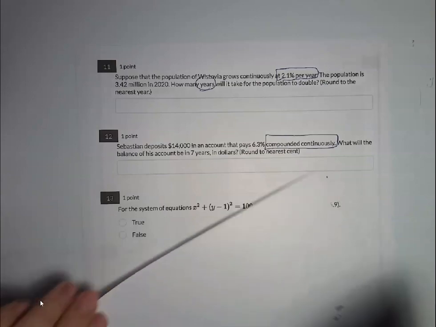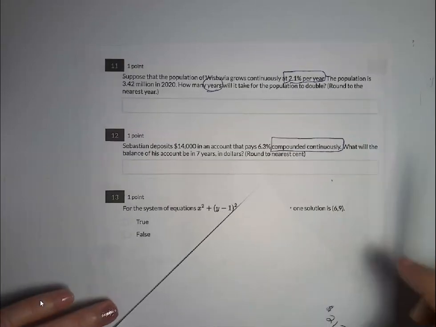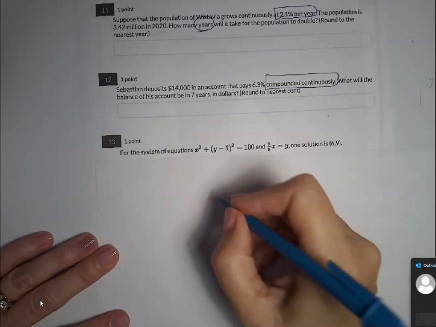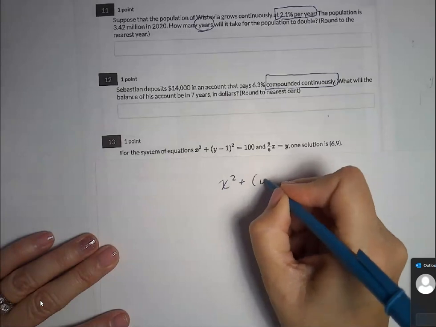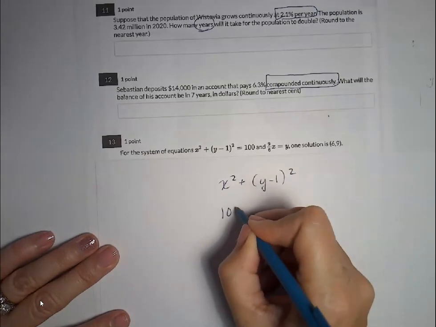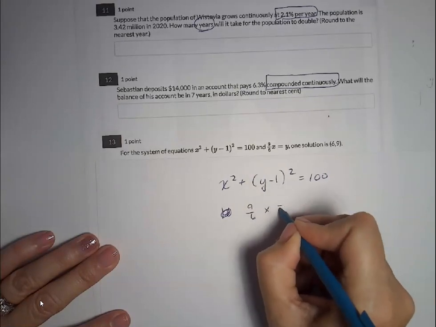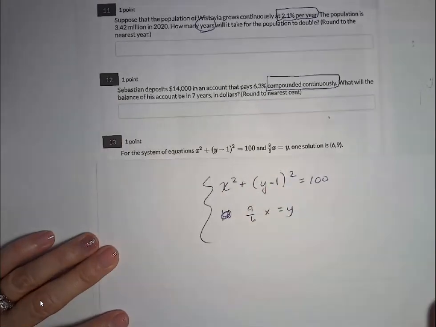Okay, so let's try the next one. For the system of equations, it gives you two, and asks if one of them is a solution. So we're given a system of equations: x squared plus y minus 1 squared equal to 100, and 9 over 6 times x is equal to y. And it wants us to solve this system.